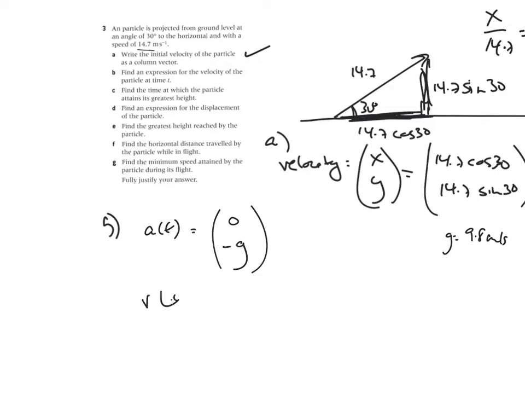To find the velocity, I integrate and get a constant, and minus g t plus another constant.